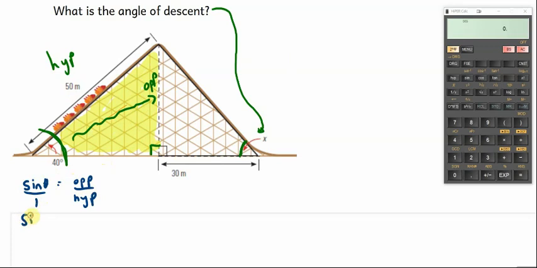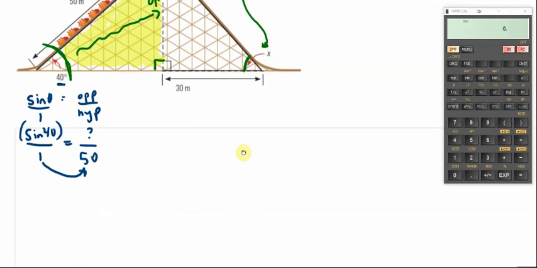And this time we're given the angle, so sine of 40 over 1 is the opposite, which we don't know, over the hypotenuse, which is 50. So it appears at this particular junction that the final answer is going to involve going from 1 to 50. But we don't know what this is. We need to go sine of 40. And I apologize, I kind of ran out of space there, but I can move up a little bit and come back.